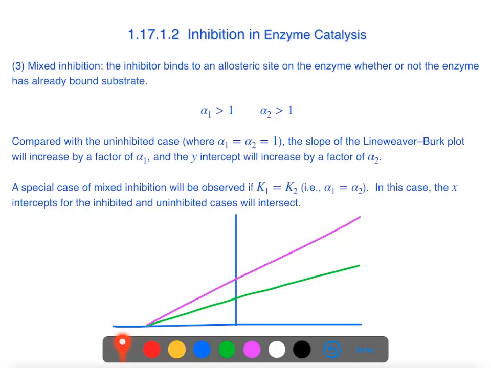So those are the three types of inhibition that we typically observe for enzyme catalysis. And we need to pay particular attention to how the slope and the y-intercepts change or don't change when we compare the inhibited reaction to the uninhibited reaction.